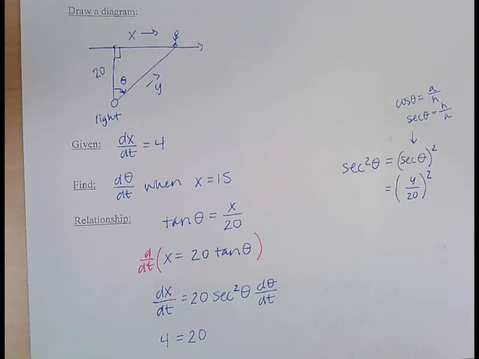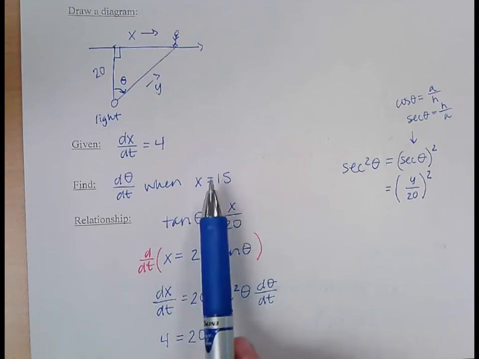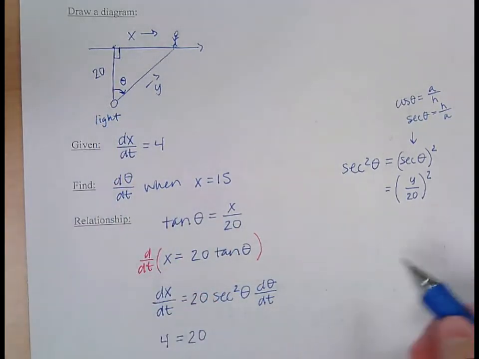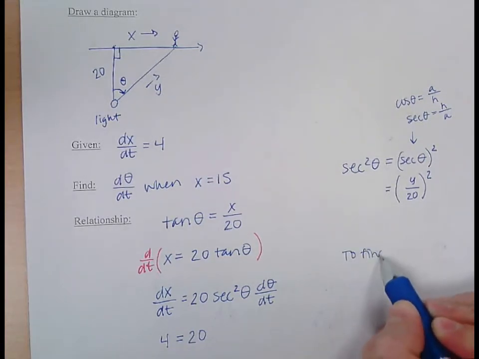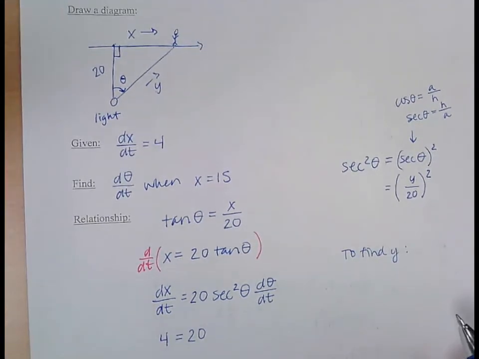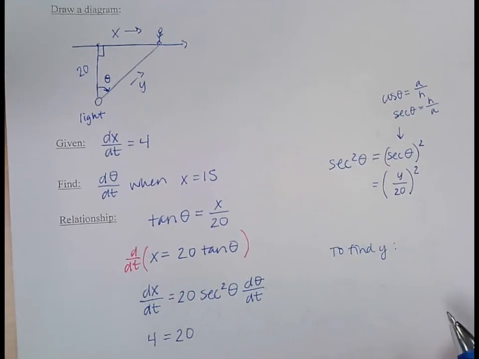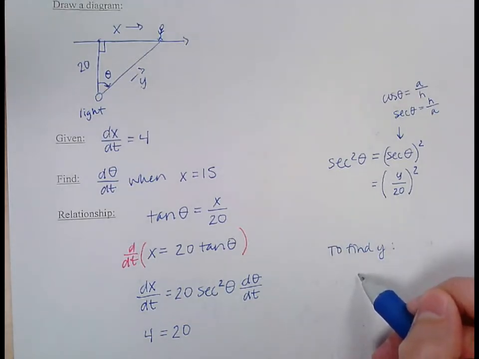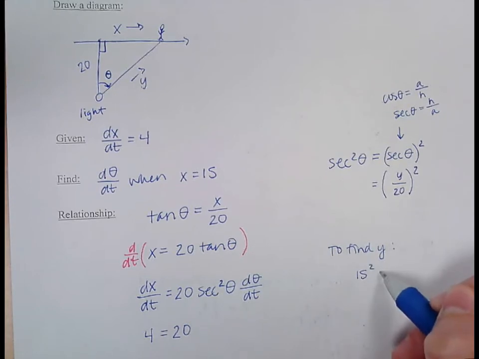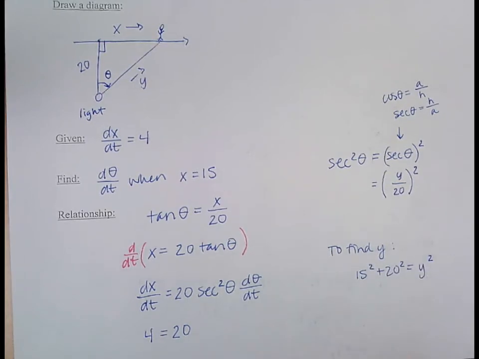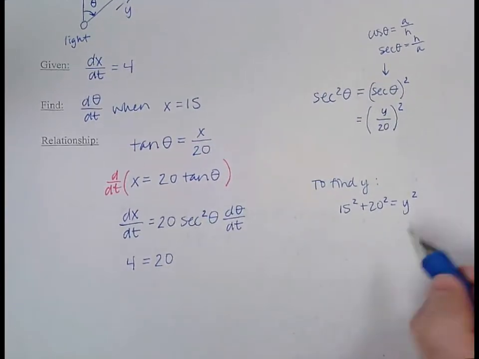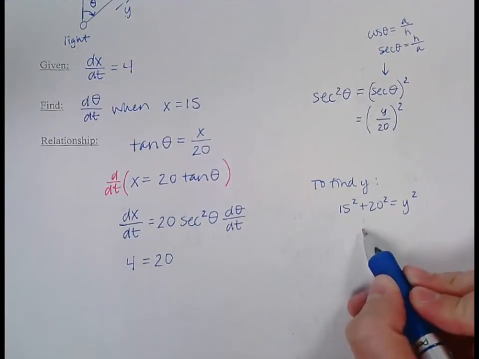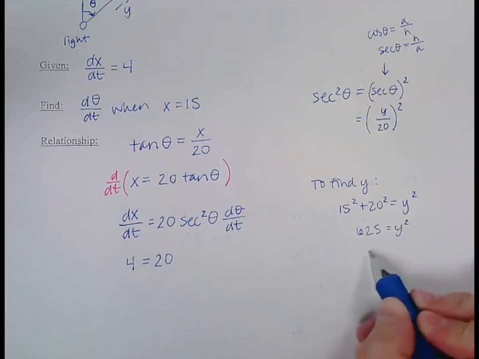So now how do you find y? Yes, Pythagorean theorem, because you know x is 15, and you know this side's 20. So 15 squared plus 20 squared equals y squared. This ends up being 625, so y is 25.